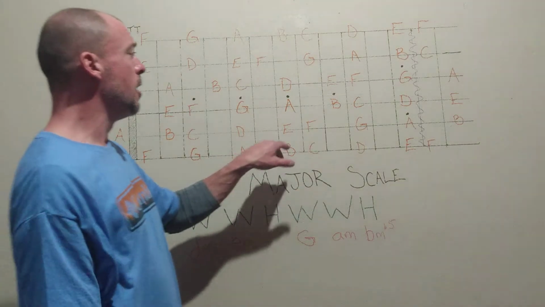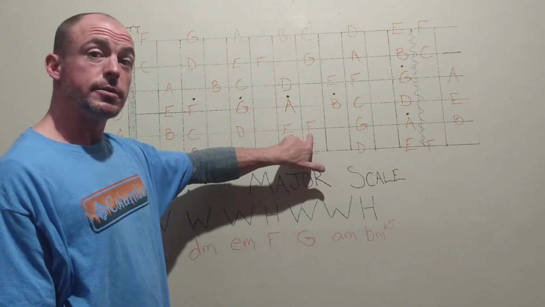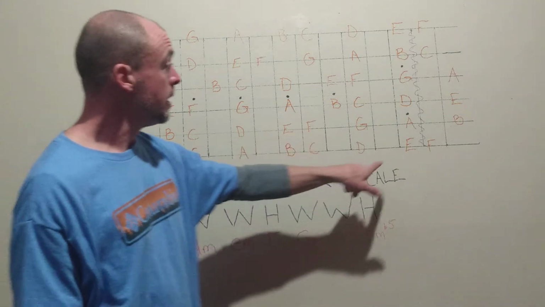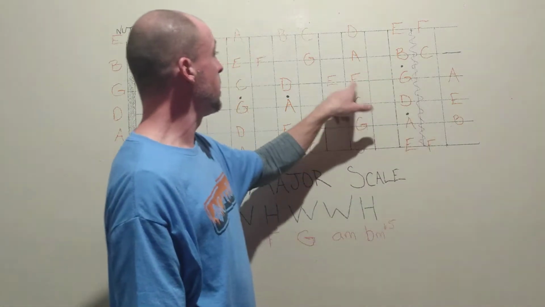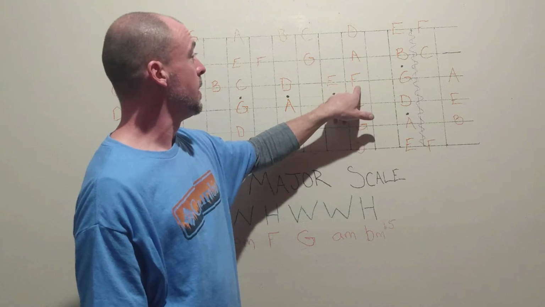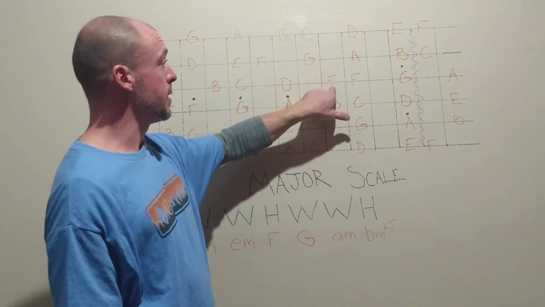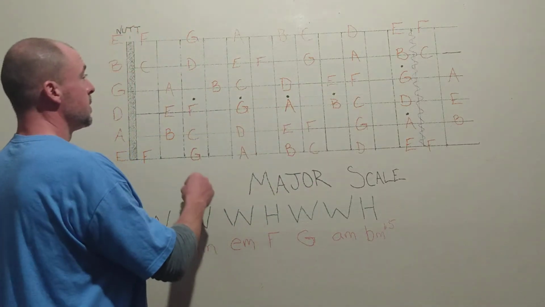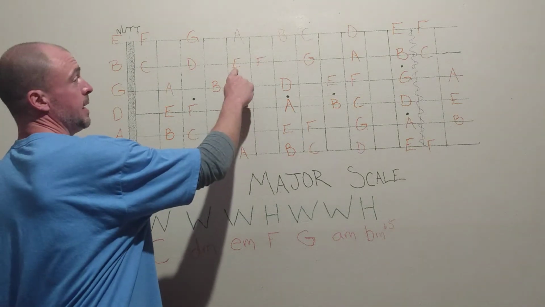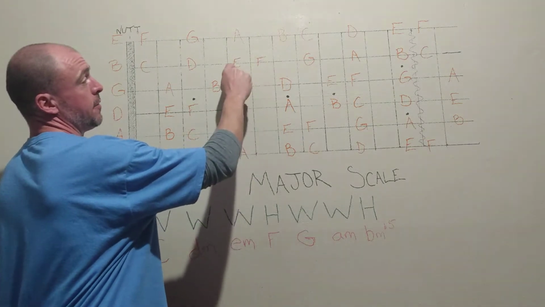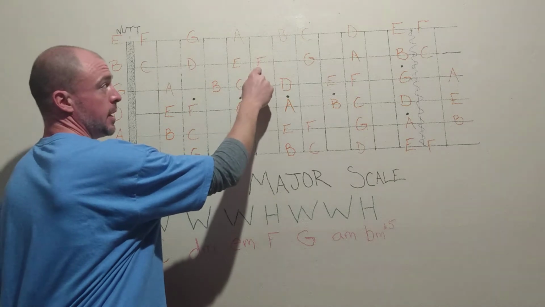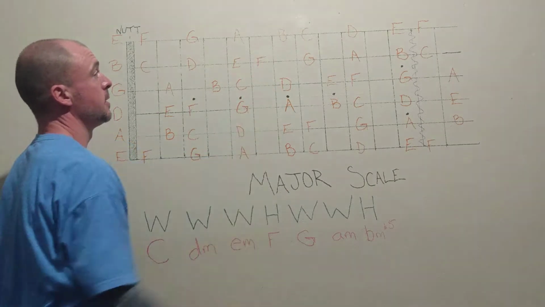The same goes for E and F. They're always found next to each other. No matter where you find an F note, an E note will be one fret up the neck. And going down the neck from an E note will always be an F, one fret over.